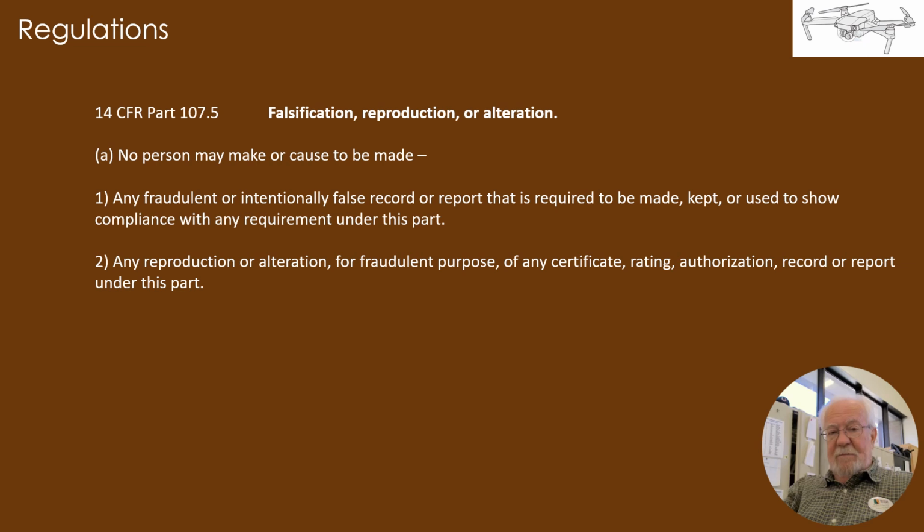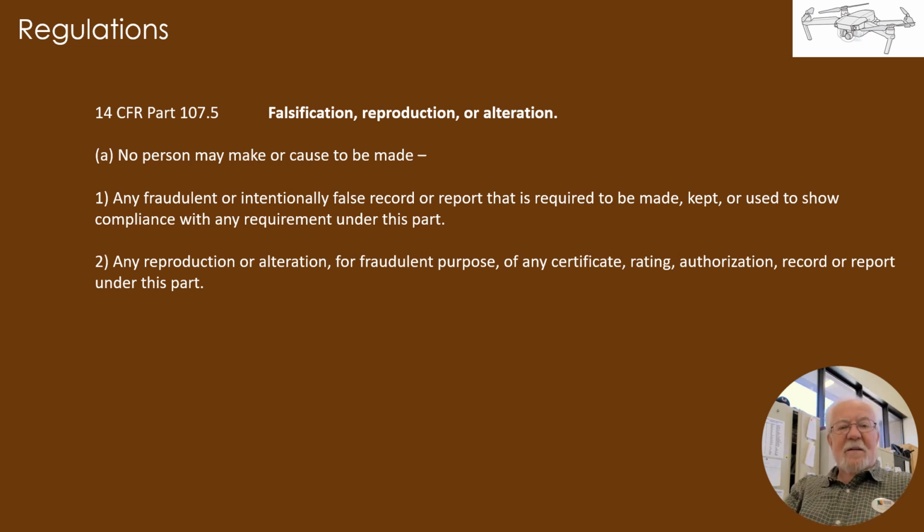Going to social media to ask the question, is this legal, just indicates that you're either very lazy or not very intelligent, because the regulations are right there. Just be careful when you go to the government site. If you Google 14 CFR Part 107, there'll be a lawyerly site that wants to charge money. Don't do that. This is an FAA site. It's totally free. Part 107 is a pretty important regulation.